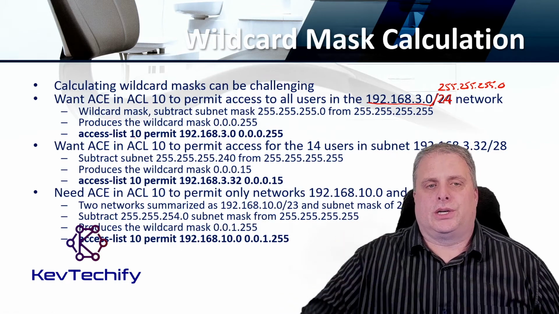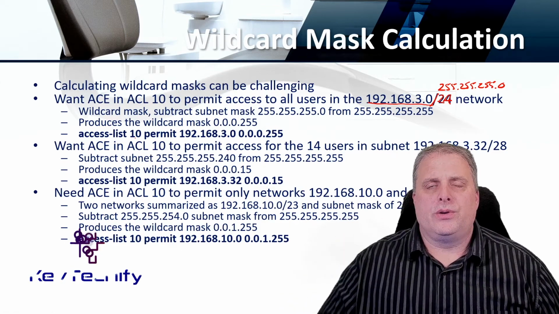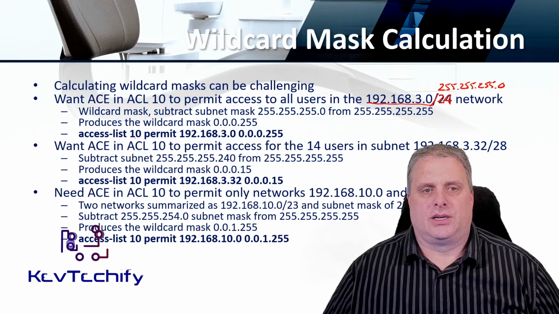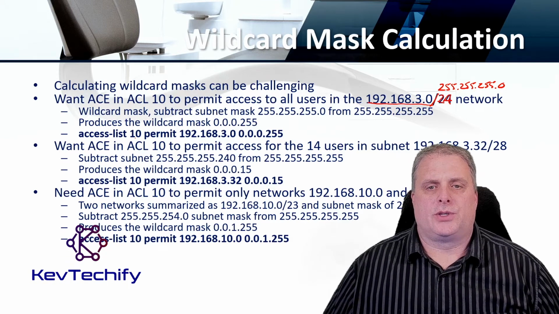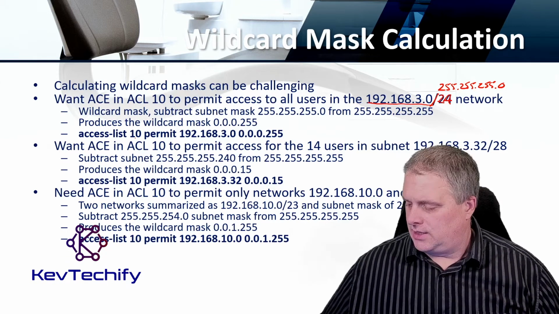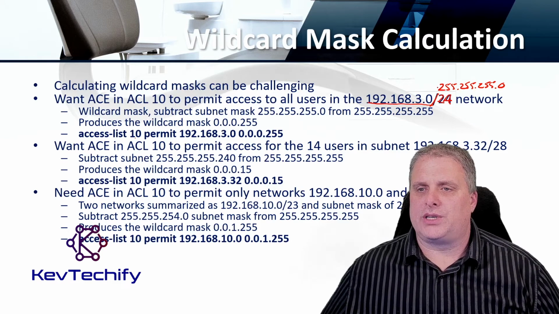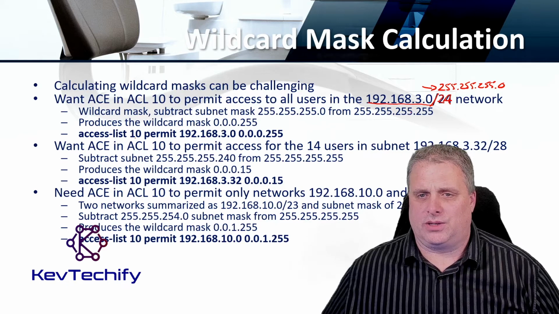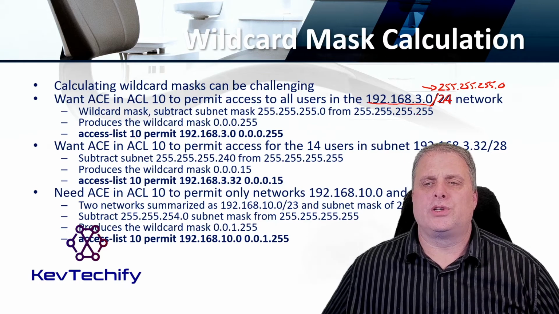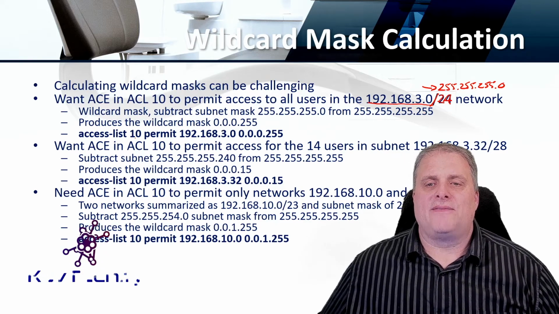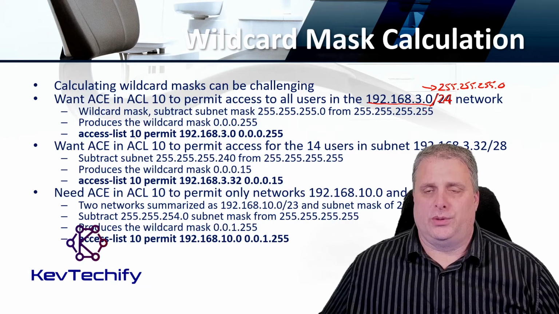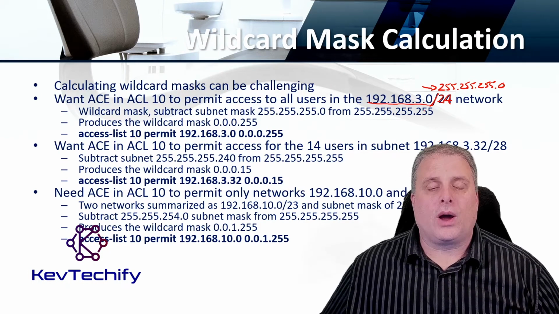There's a shortcut. What you can do to figure out the wildcard mask is subtract the subnet mask in decimal dotted notation. That's the 255.255.255.0 here. You can subtract it from all 255s. That value will give you your wildcard mask.